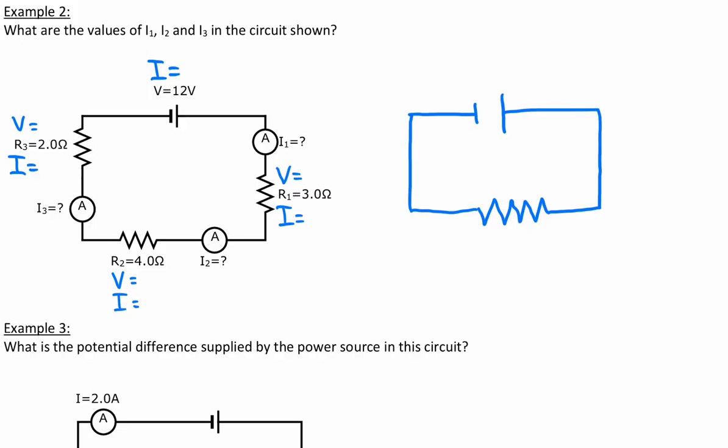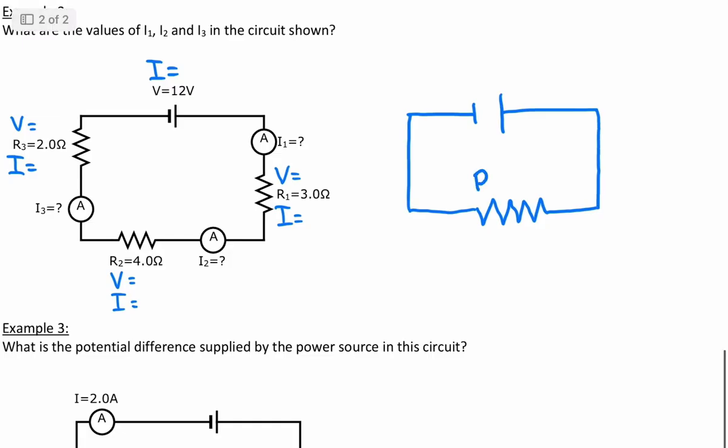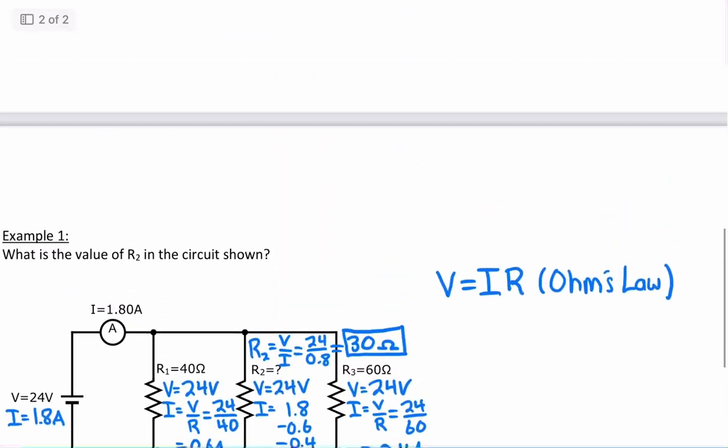Now, what would the value of this resistor be? What one resistor would have the same effect as those 3 all combined together? Well, because these resistors are in series, what do I do with resistors in series?